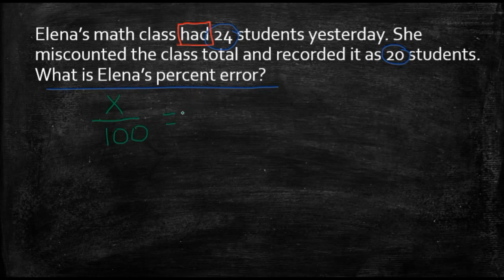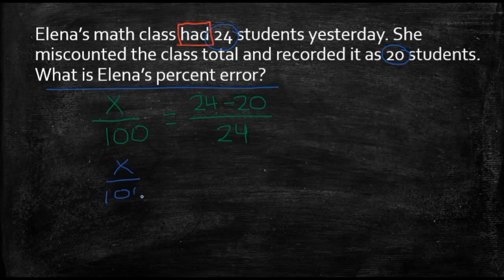So you have to take the larger number, which is 24, and the smaller number. So you'll take the smaller number from the larger number. She actually had 24 students in the class. So we're going to go ahead and do this math here.